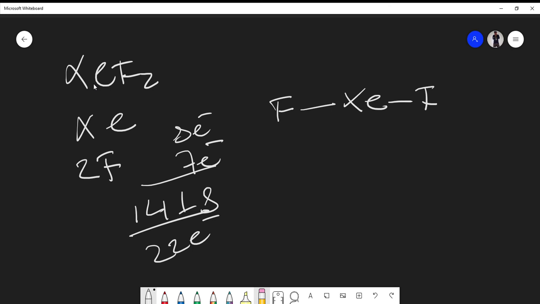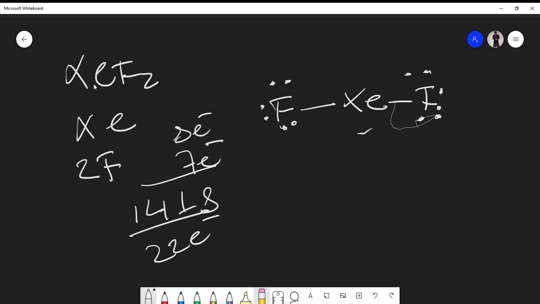Right now, I only have 2 electrons around fluorine, so let's fill in fluorine's valence. I placed 6 electrons because I already have 2, so that will give me 8: 2, 4, 6, 8. The other side of fluorine will be no exception.